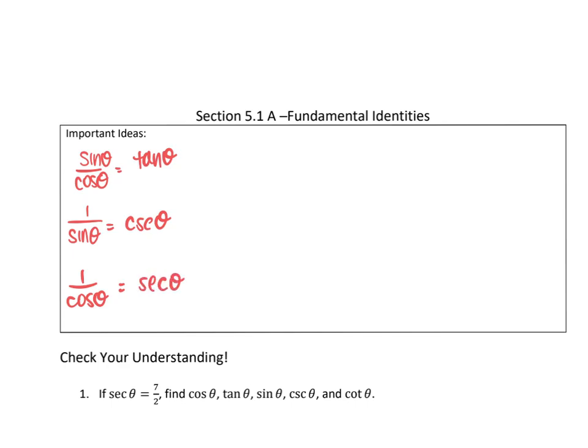And I didn't say it before, but you should be following along with me and writing this in your note packets at the same time that you're listening. Okay, then Pythagorean identities are what we're learning right now. And you actually already found one.